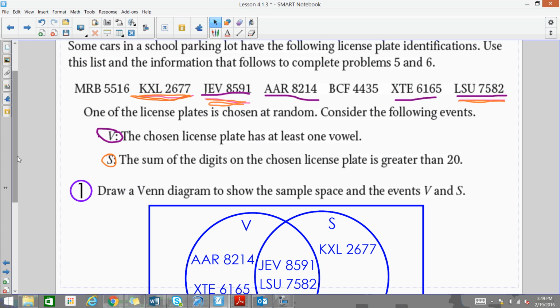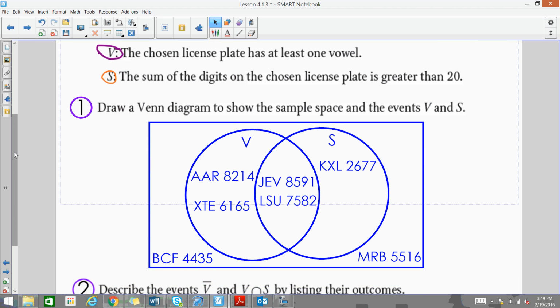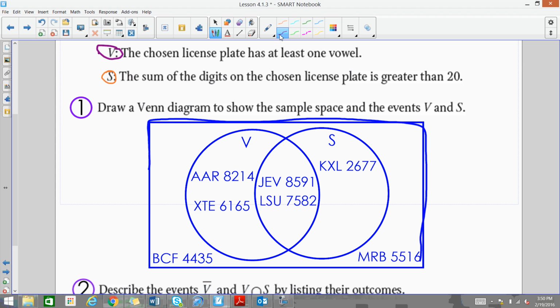Identifying that first can actually help you make your Venn diagram. When I made my Venn diagram, again, I make my big sample space, a nice big square, and then I put my two circles for my two events. My vowels are in purple, and my sum is in orange.